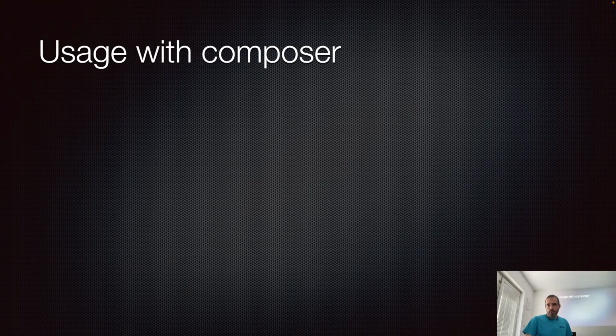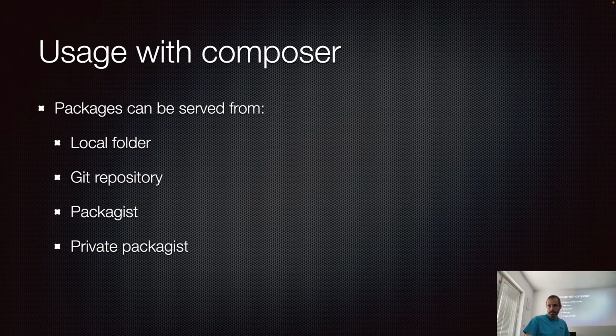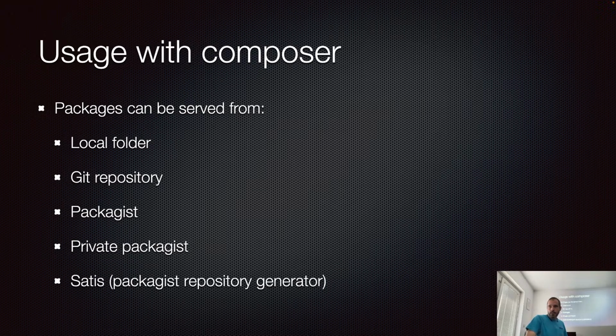So how do we use it with Composer? Packages can be served from different sources. First is the local folder, which would be interesting when we develop the package. I will show you later how to do that. This can be served from a Git repository. This can be served from Packagist as well, or from private Packagist for the private packages, and from Satis.